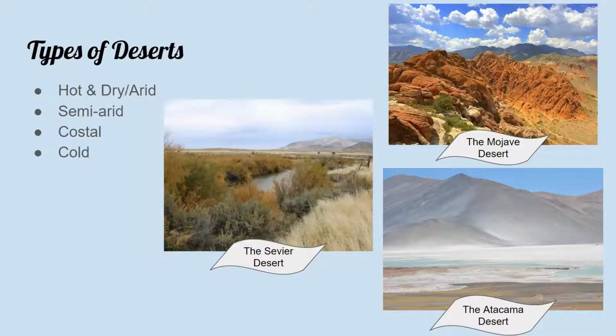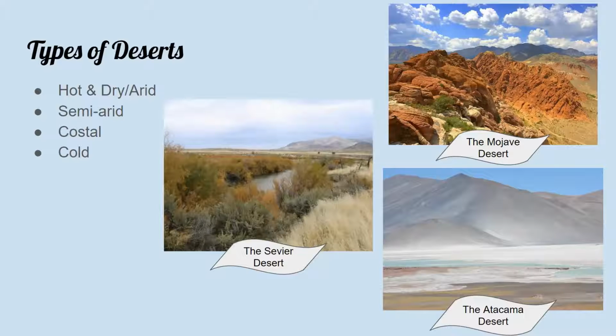Next, there's semi-arid deserts, which are going to be warm and dry in the summer, and then followed by a winter period with some rain. These semi-arid deserts can be found more commonly in areas like North America, Europe, and Asia. A good example of a semi-arid desert would be the Sevier Desert in Utah.